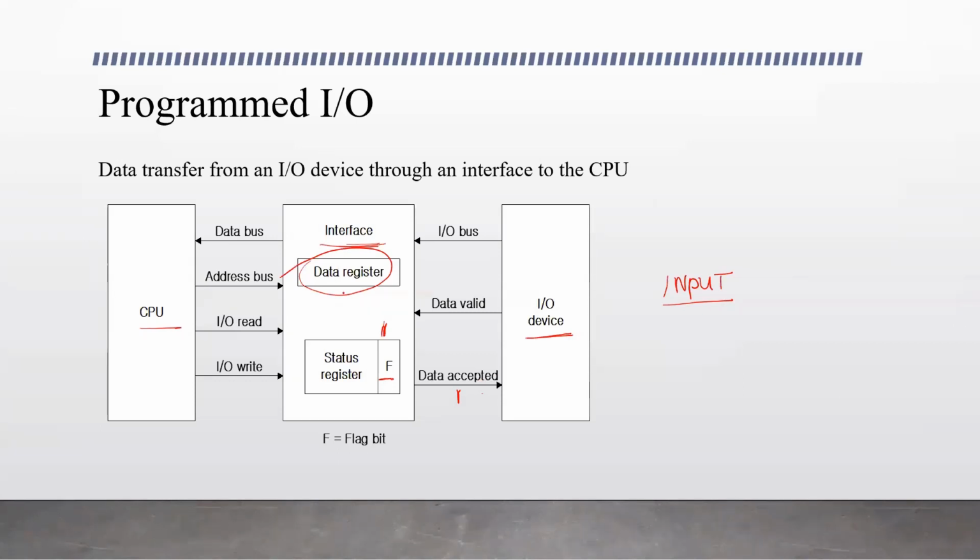When the data available in the data register is received by the CPU and stored in the CPU, the interface disables this data accepted signal. When the data accepted signal is disabled, the IO device understands that the data is received completely, so it can transfer the next byte of data.